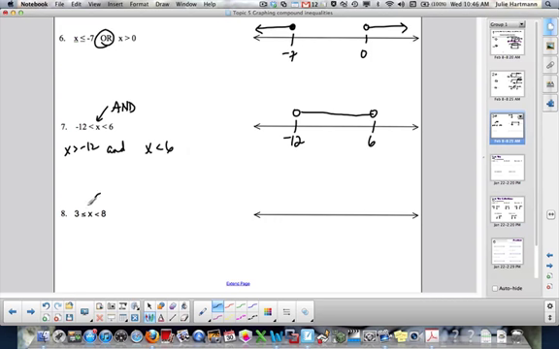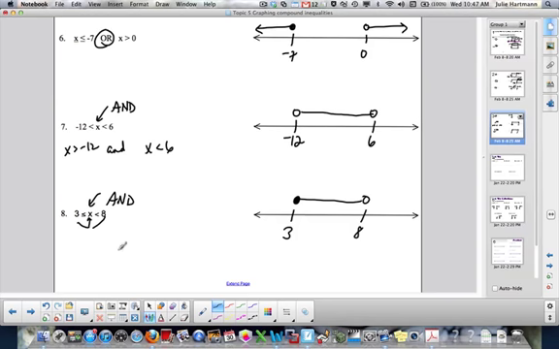Okay, so when you see one written like that, you need to know it's an and statement. And the easiest way to graph it, you have 3, you have 8. 3 is less than or equal to, so that's closed. 8 is just less than, so that's open. X falls in between. See how here x is between 3 and 8? That's why you shade in between.